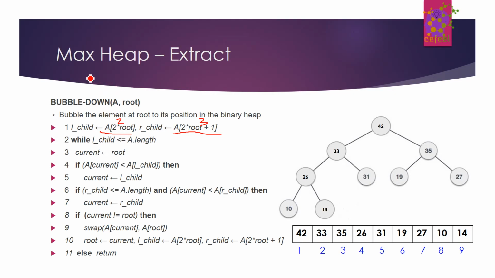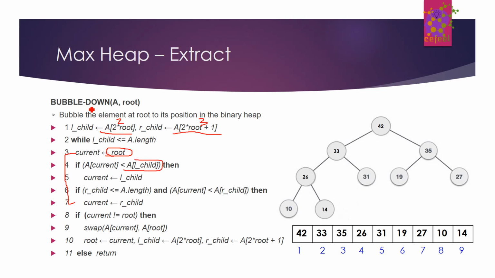So in the first few steps, we find the maximum. In steps 4 to 7, we find the maximum of the children, and whether those children are greater than the root. Here is what we do to check that. We use a current pointer which points to the root, and first we compare the root with its left child, or the current with its left child.